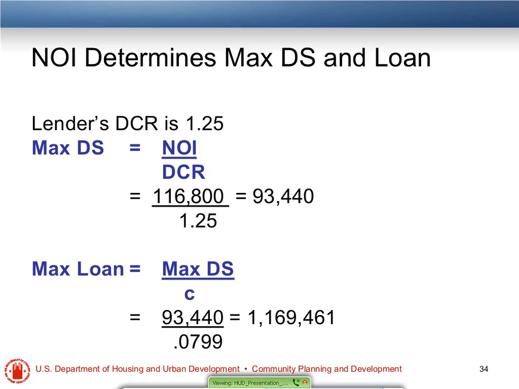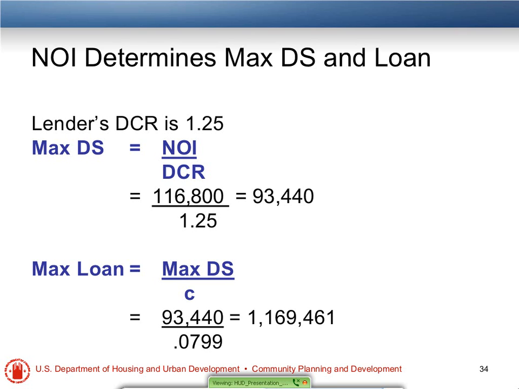NOI divided by the debt coverage ratio gives us our maximum debt service, principal and interest payments on a loan on an annual basis. So if I've got a net operating income in this example of $116,800, we'll divide it by the lender's debt coverage ratio, and that gives us $93,440, which is the annual debt service, principal and interest payments on a loan.